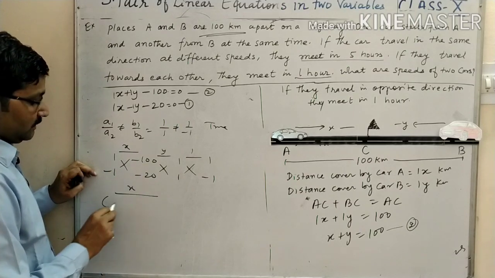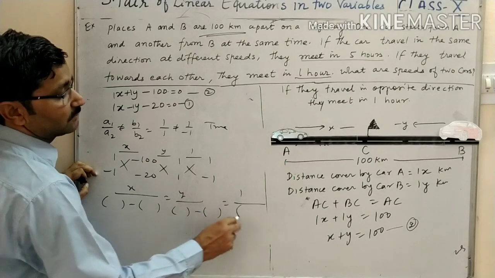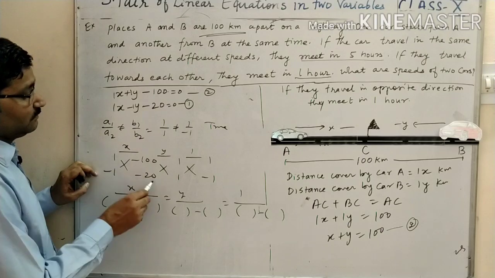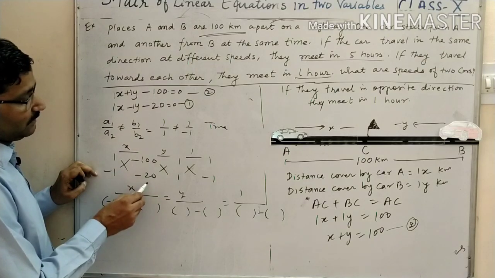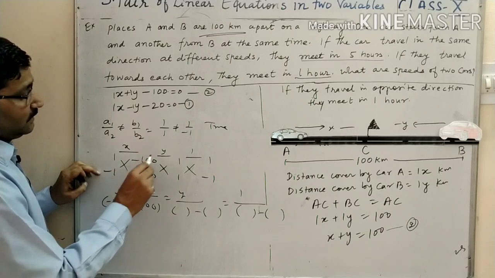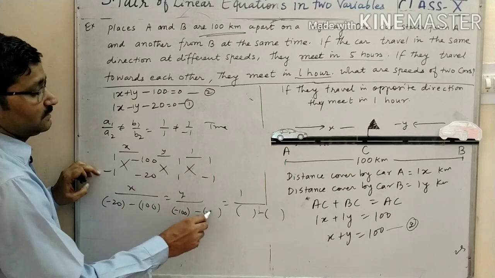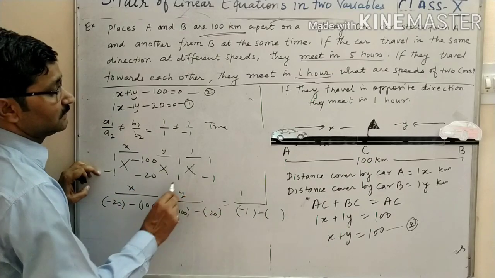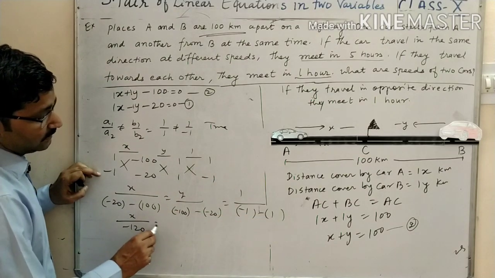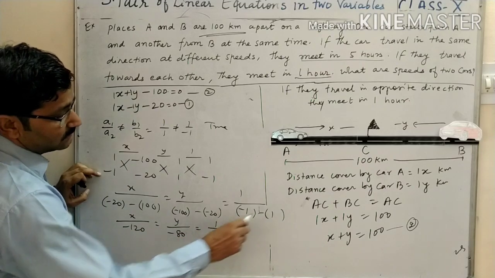Now x upon, y upon, 1 upon, you mark the brackets. For x upon, you multiply these two, minus 20, then these, 100, so you have minus 120. For y upon, you get minus 80. And 1 upon, this is minus 2.